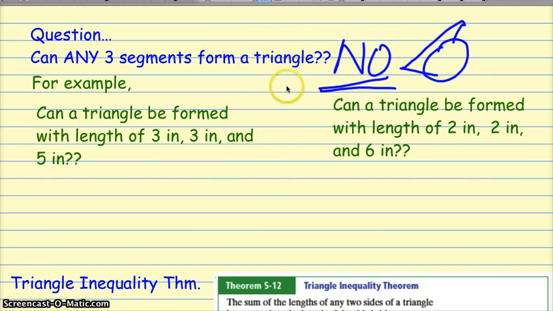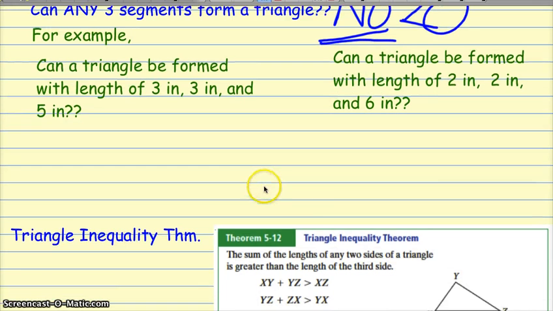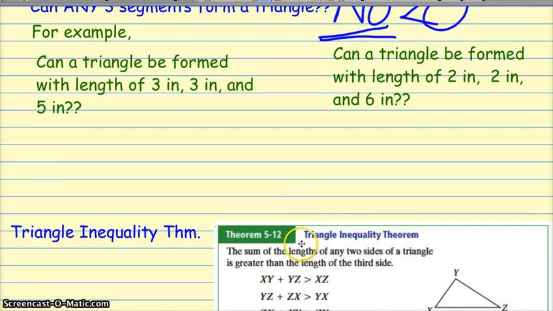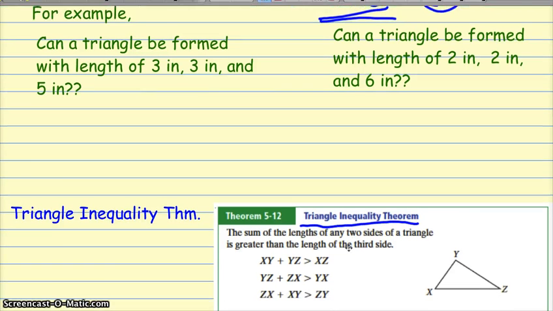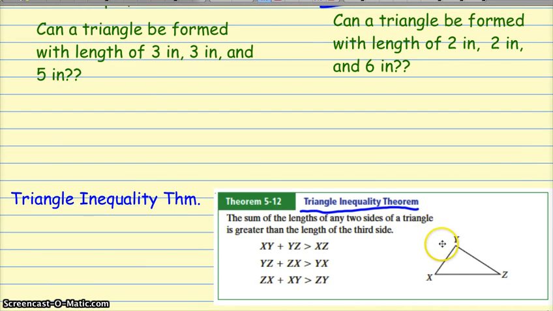So how do you know which ones can and which ones can't? We have something called the triangle inequality theorem, and you'll need to fill this in up above. It says the sum of the lengths of any two sides of a triangle is greater than the length of the third side. So in order for these three pieces to actually connect and make a triangle, two of them added up has to be bigger than the third.